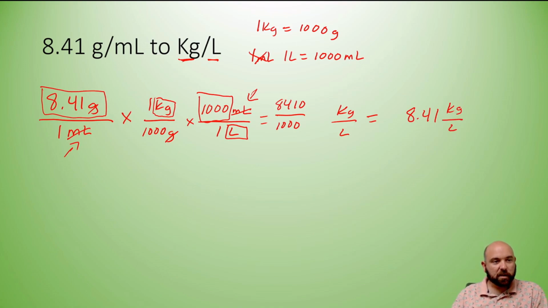So grams per milliliter and kilograms per liter, since both of the units grow, are actually equivalent units. 8.41 grams per milliliter is the same density as 8.41 kilograms per liter.